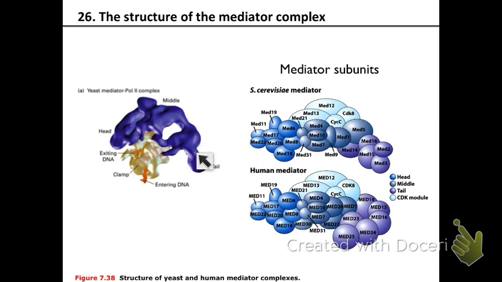And if you look at the structure of the mediator with the RNA polymerase, you can see that a certain surface of the mediator is making very strong interactions with the RNA polymerase, and the other surfaces of this mediator would be interacting with the transcription factors. Okay?